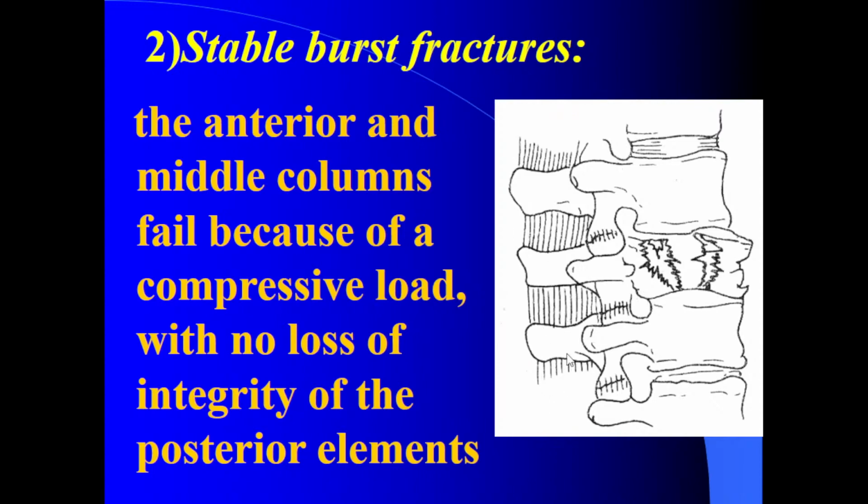In general, the main difference between stable and unstable injuries of the spine is the condition of the anterior and posterior supporting complexes. If we have injury of both anterior and posterior supporting elements, that means we have an unstable fracture. But if we have injury of only the anterior or only the posterior supporting complex by Dennis, then we are talking about a stable spine fracture.